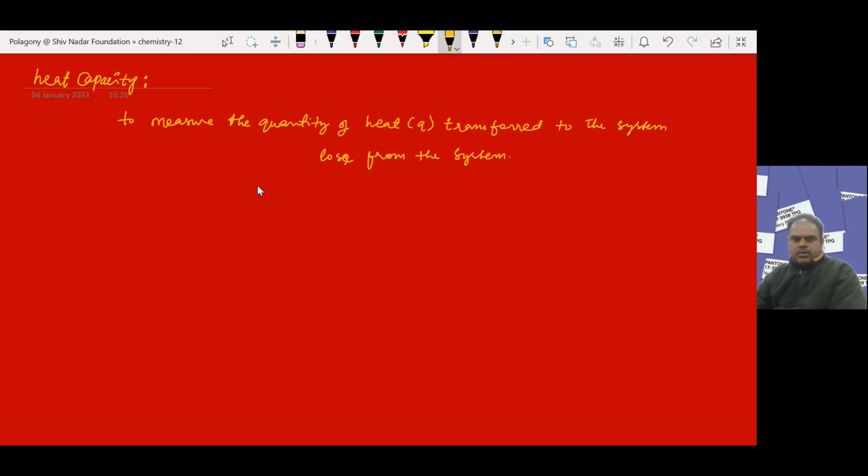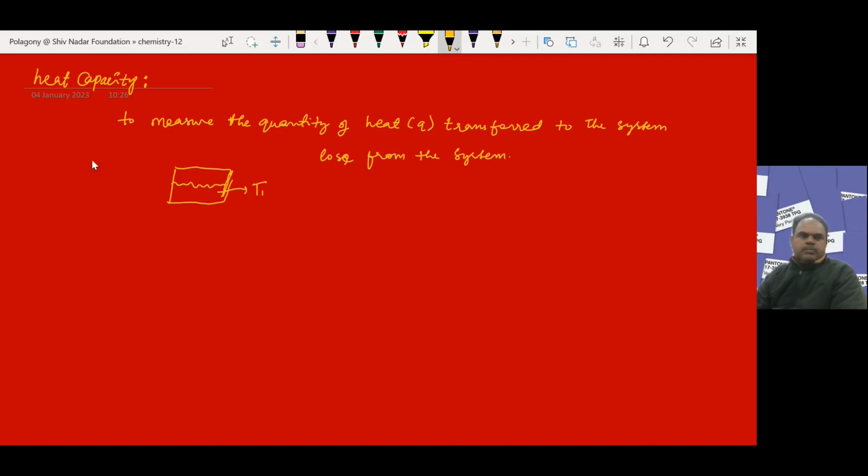Let us see how to measure the quantity of heat transferred to the system or lost from the system. Assume that there is one system in which a chemical substance is present, and let us consider the initial temperature is T1.